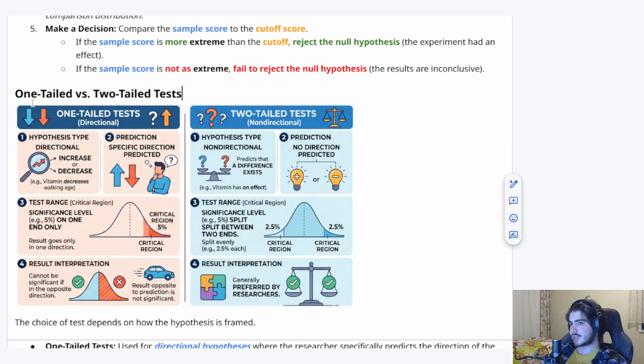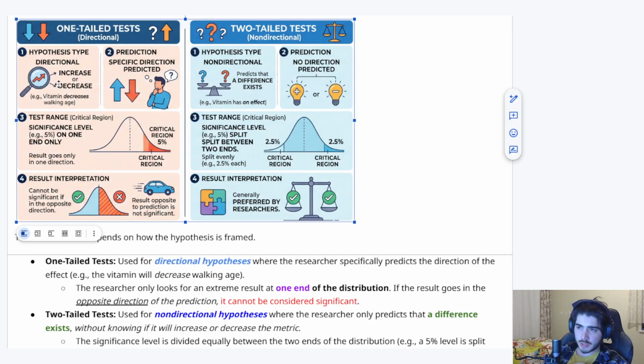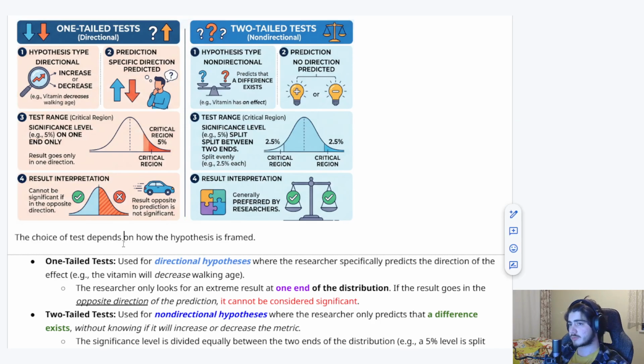There are, as I said, one-tailed versus two-tailed tests. If your test only goes one specified direction, so it's either an increase or a decrease, vitamin decreases walking age, for example, then significance level is tested only on one end, like this, 5%.